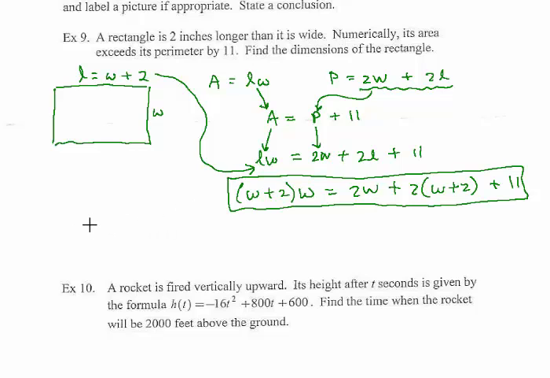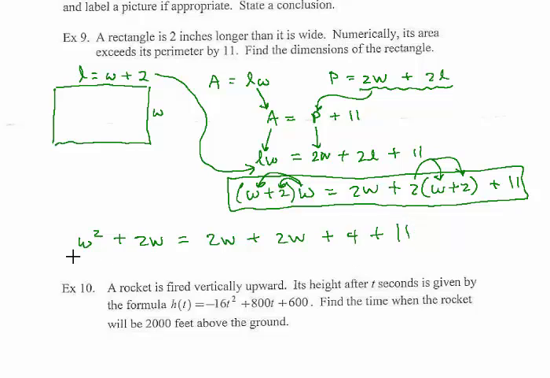Alright, we get rid of parentheses, we get w squared plus 2w equals 2w plus 2w plus 4. And here I'm just distributing the 2, and I've distributed the w here, getting rid of the parentheses.